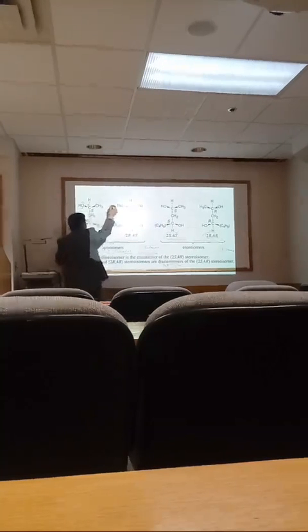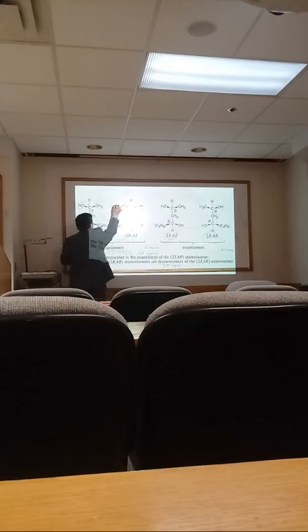Let me draw another one. So we have the first carbon, the second carbon, the third carbon, the fourth carbon, and then we have the hydrogen, and this carbon is attached to a group of C4H9. So this would be the first carbon, the second carbon, the third carbon, the fourth carbon, and then the rest of it. Since it is diol, we have two hydroxyl or alcoholic groups.